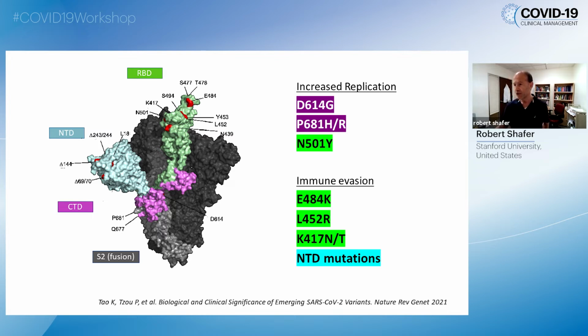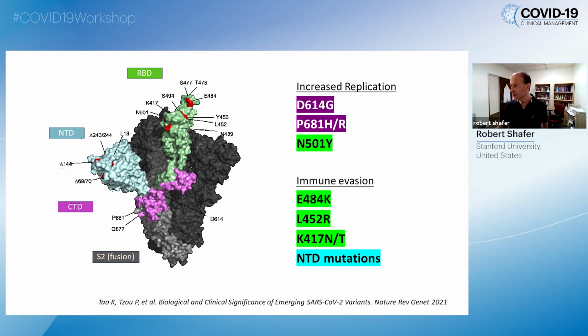Every variant of concern and variant of interest also contains one or more N-terminal domain mutations that interfere with neutralizing antibodies. The C-terminal part of the S1 attachment domain of the spike protein contains D614G and mutations at or close to the furin cleavage site, both of which increase replication.